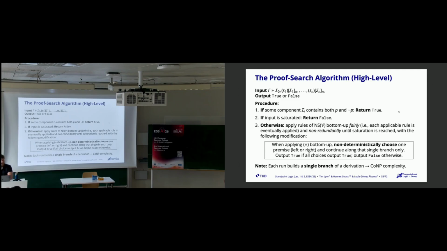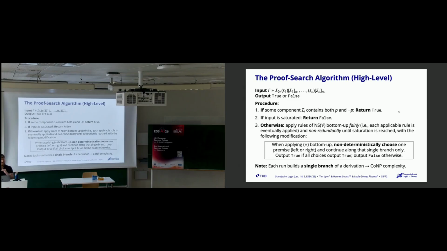So essentially, the way the proof search algorithm works in this setting, to obtain coNP complexity, is that we take a nested sequent as input, and we start applying rules bottom up. And once we hit a conjunction rule, then we non-deterministically choose either the left premise or the right premise.